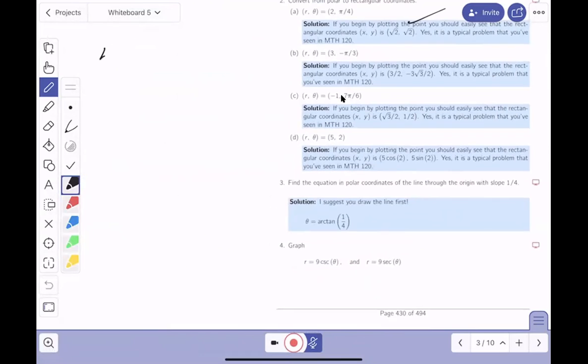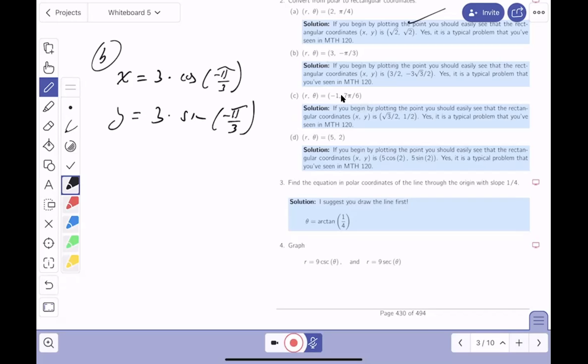This is going to be b now. B is also going to be easy. Again, I'm not visualizing it. What's the r? The r is 3. And then I got to put down the cosine of minus pi over 3. We'll do that in a second. And y is going to be 3 times the sine of minus pi over 3. All right, now pi over 3 is going to be a 60-degree triangle.